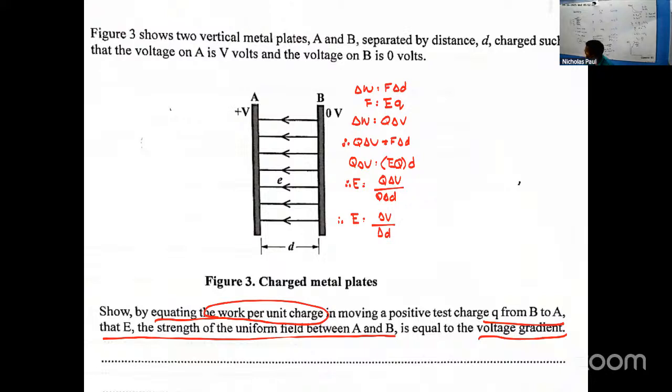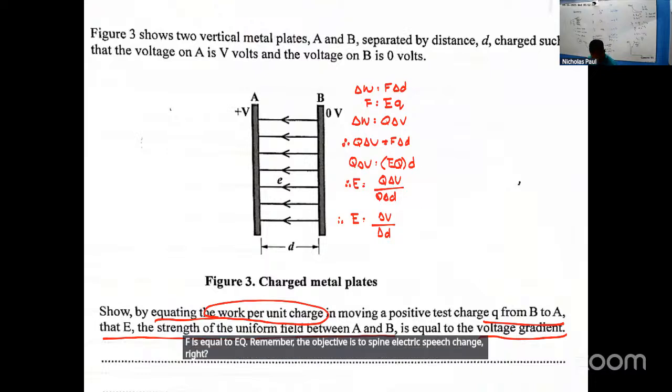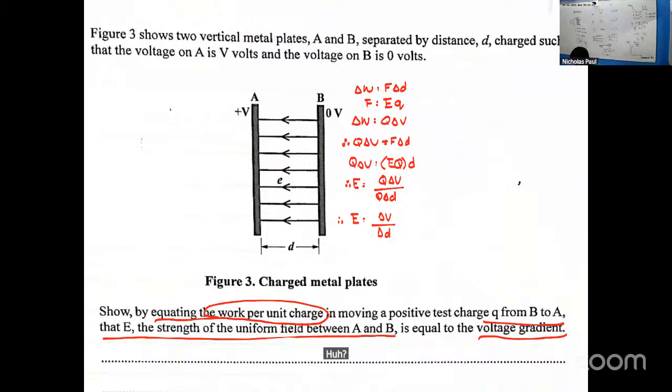Right, now looking okay there? So you have work done is equal to force by distance, F is equal to EQ. Remember the objective is to find electric field strength, right? What was important is that you identify what you're starting with.